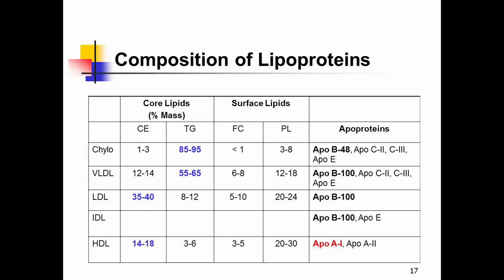So then ApoC2 and LPL can work together to hydrolyze triglyceride in these two specific types of lipoprotein, right? Does that make sense? So I hope this will help you memorize this ApoC2 function in helping LPL activity, and helping the hydrolysis of triglyceride in VLDL and chylomicron.